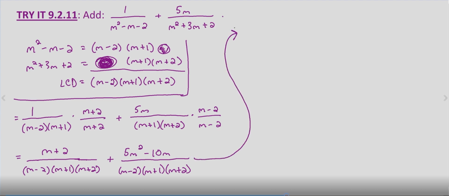We'll bring this up here to this next side. So we have 5m squared, I'll write it in order of descending exponents, so 5m squared plus m minus 10m plus 2.